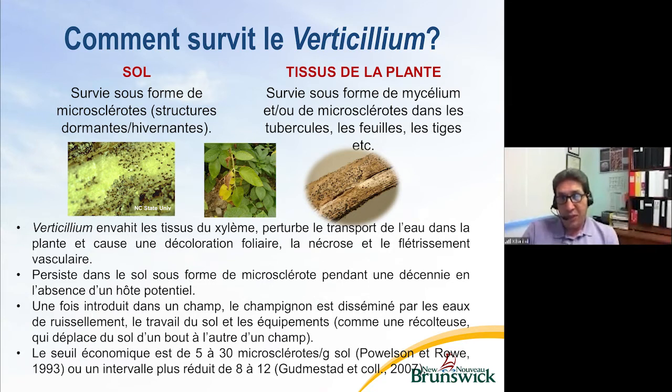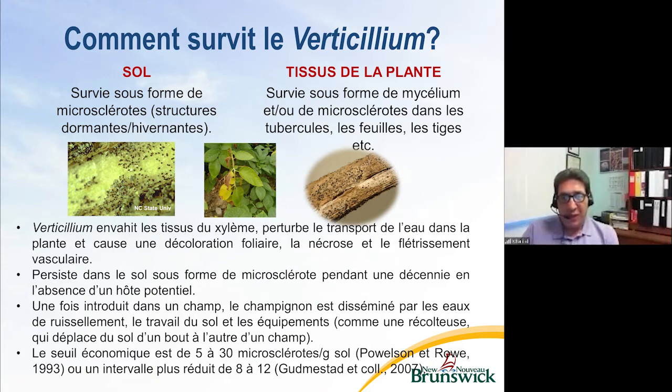Or in the plant tissue, it can survive as mycelium, which is another structure of the fungus, or microsclerotia, in both potatoes and the tubers themselves, the leaves and the stems, as you can see in the picture on the right hand. In the middle, you see a potato leaf that shows typical symptoms of Verticillium wilt.